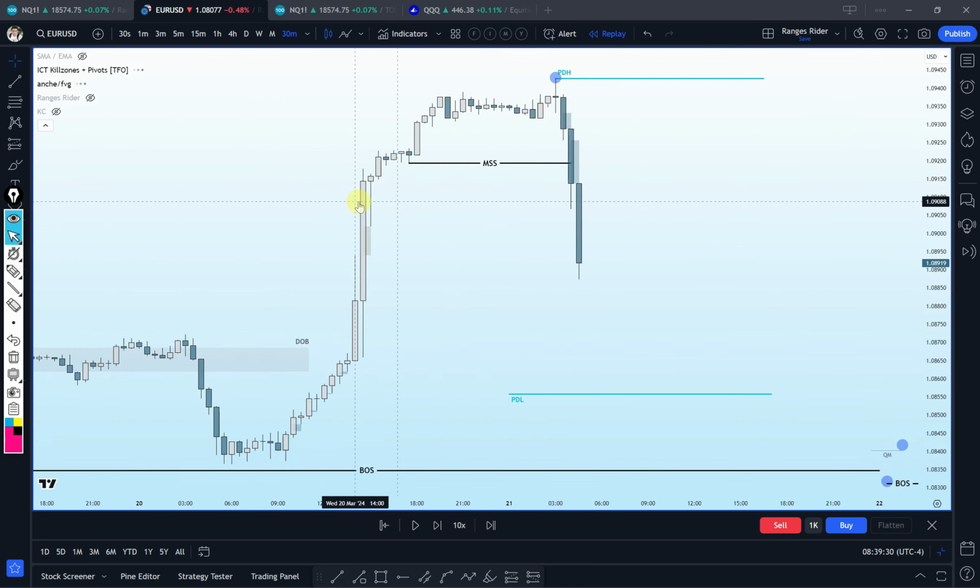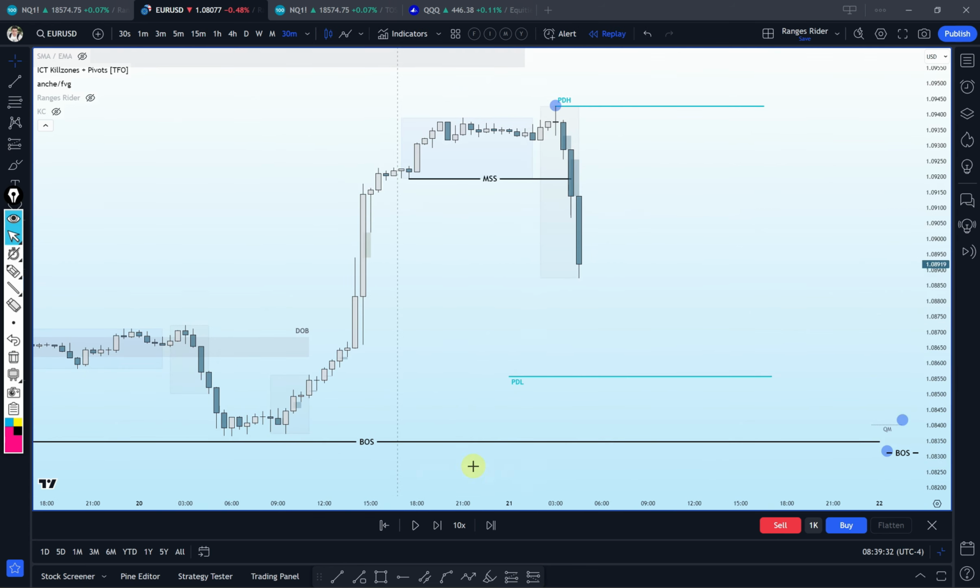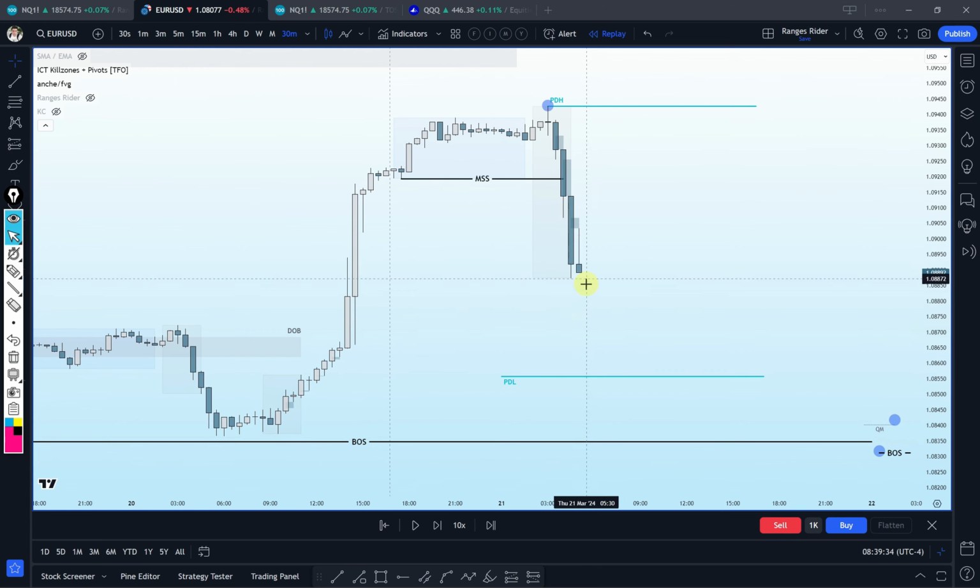Let's say we go on the 30-minute time frame, and in this case what we have now, we have the fair value gap here, and if we have the fair value gap, we still don't know whether the price will react from here or from here, but we will not take this one as a fair value gap.